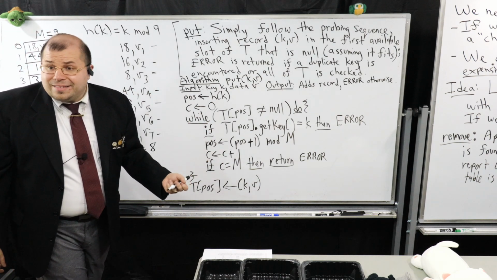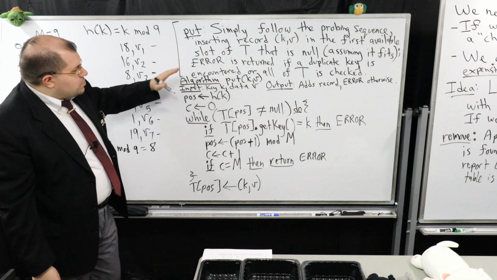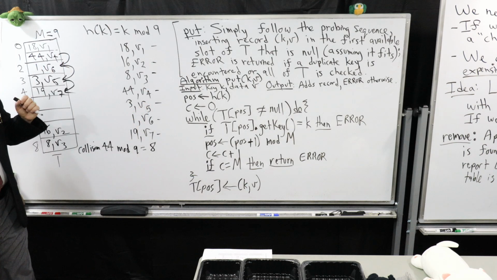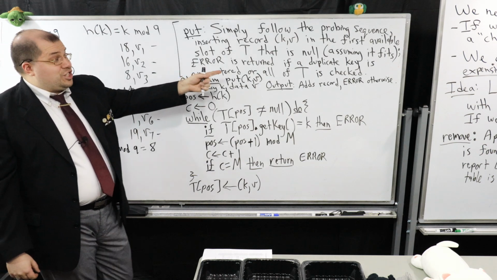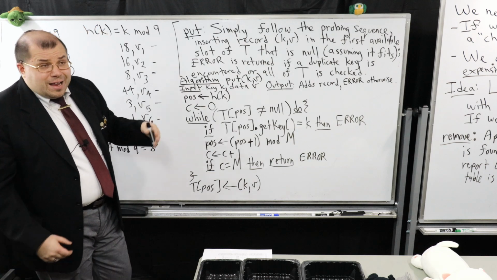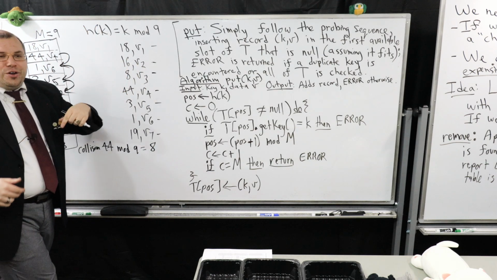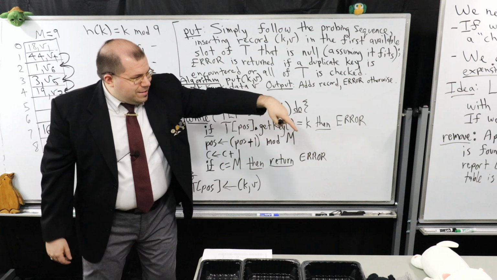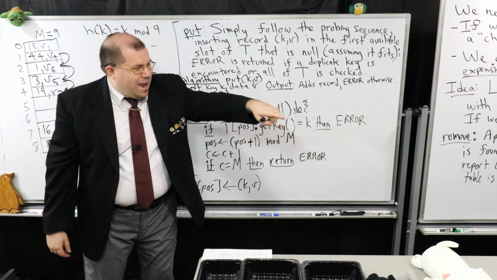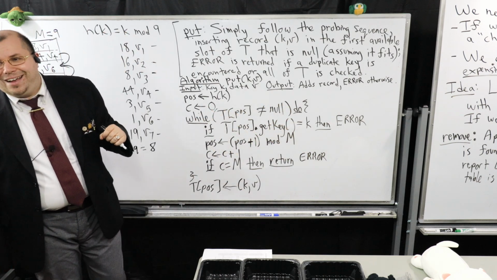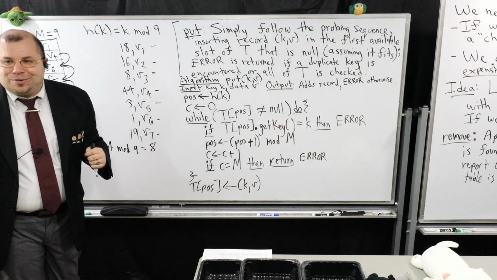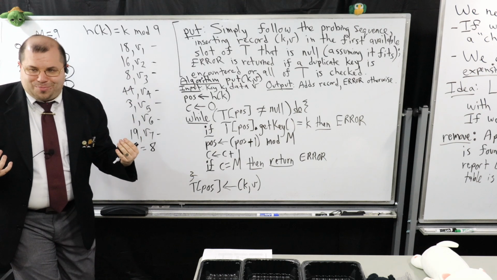This assumes it fits in the table. An error is returned if a duplicate key is encountered or all of T is checked. Because you don't want me hopping around this table for hours upon hours on end, right? We need to stop this process, just like when we talk about the get operation.